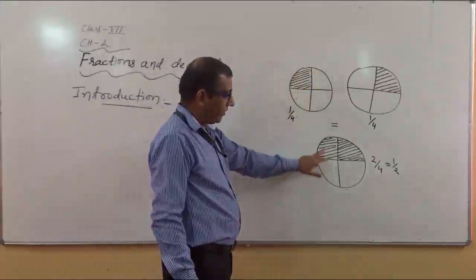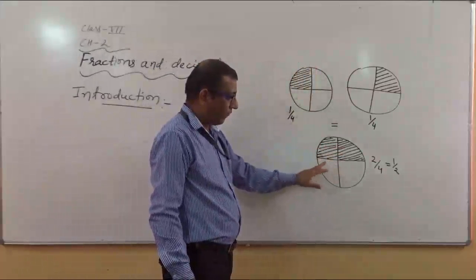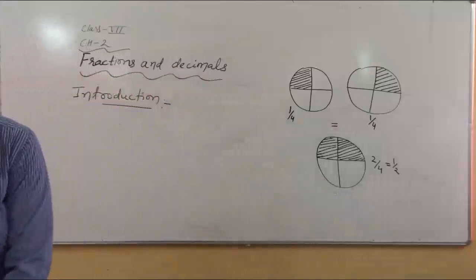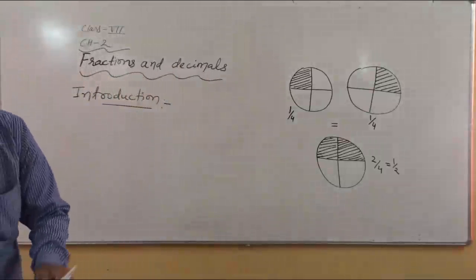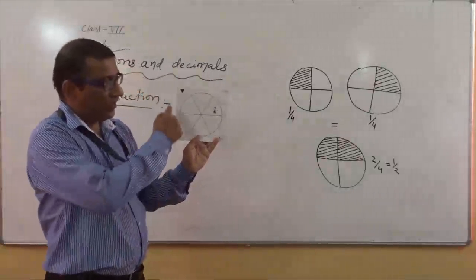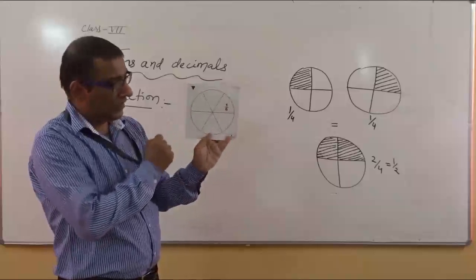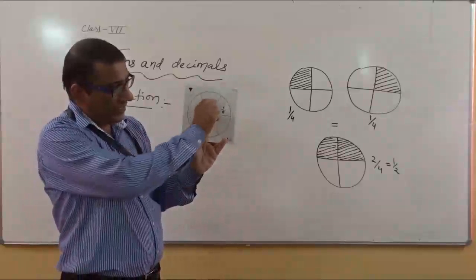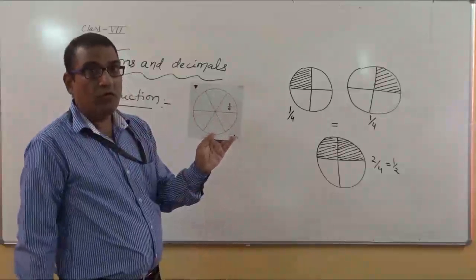Here out of 4, only 2 sectors are shaded. If you see this type of circle, some lines intersect each other, and each sector is equivalent to 1 upon 6.